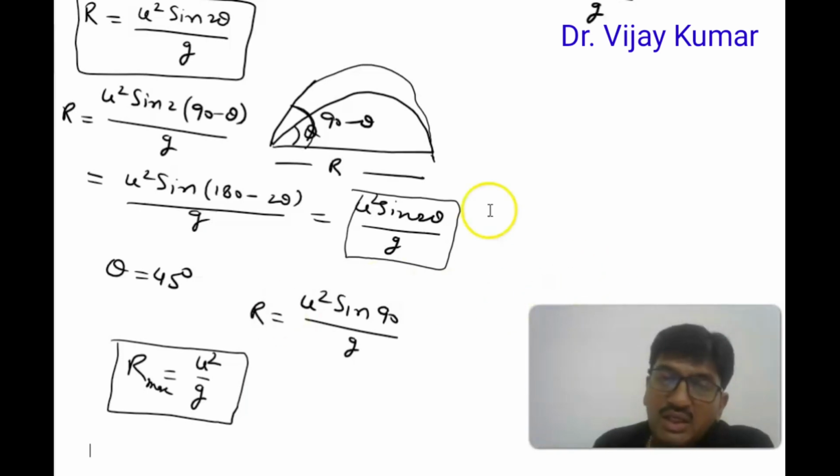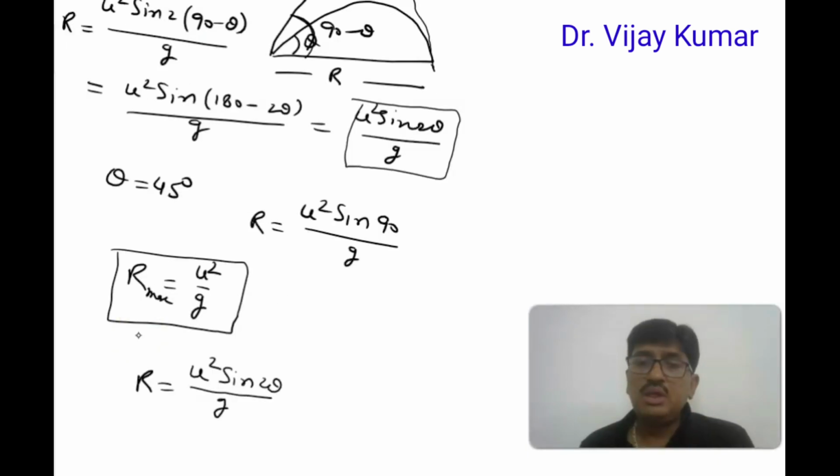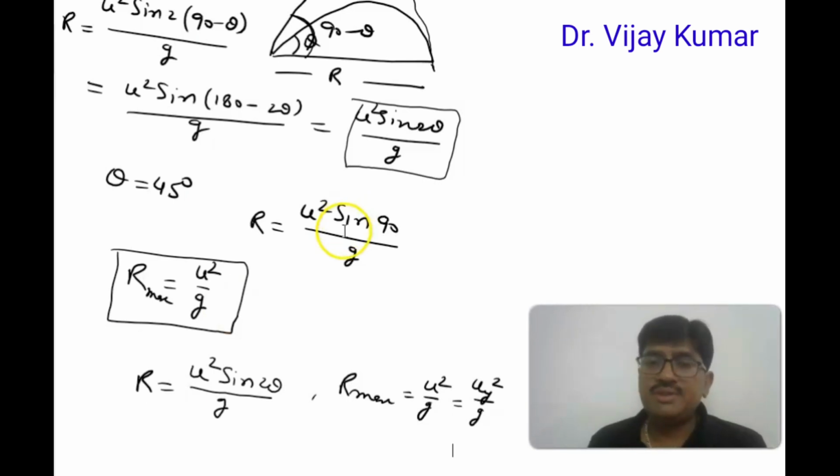And third technical point for range: we know that R is u square sine 2 theta upon g, and R maximum equals u square upon g, or we can write uy square upon g, as this is the vertical component of velocity.